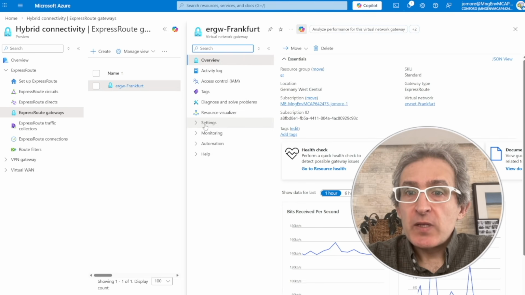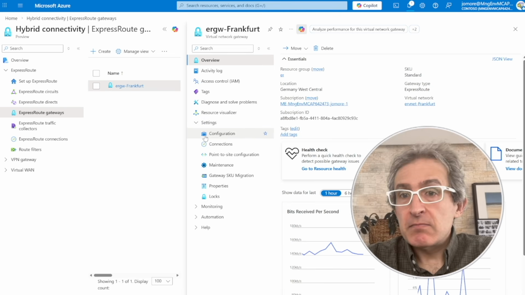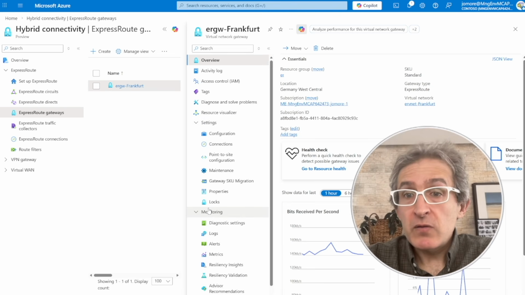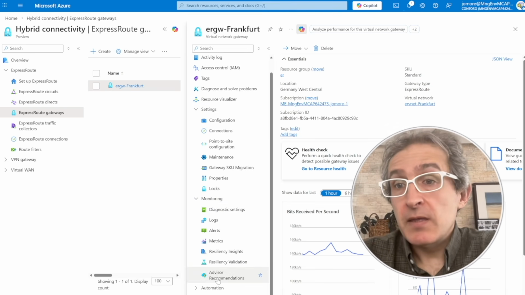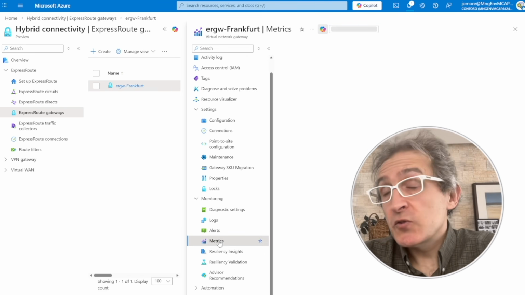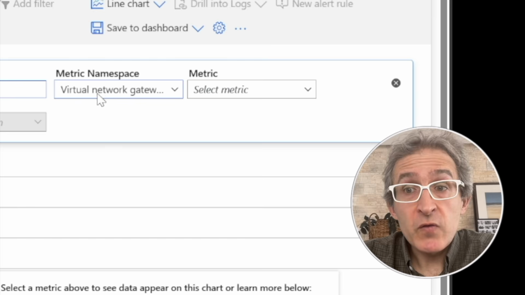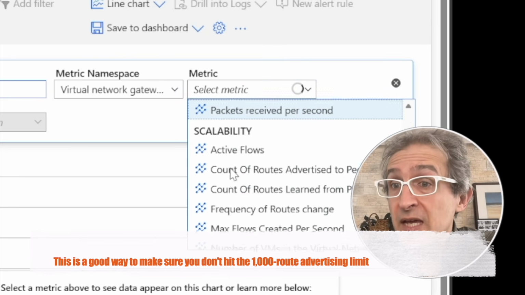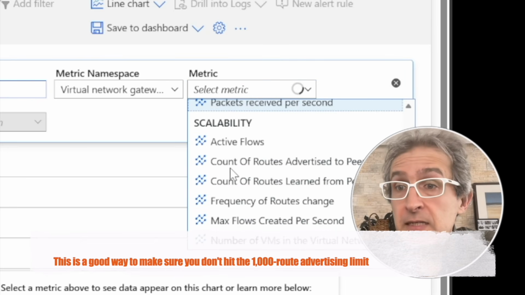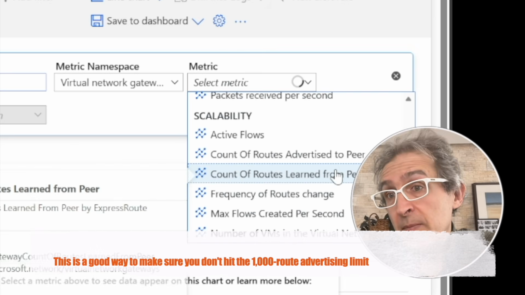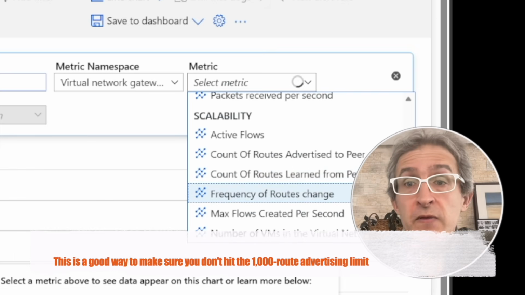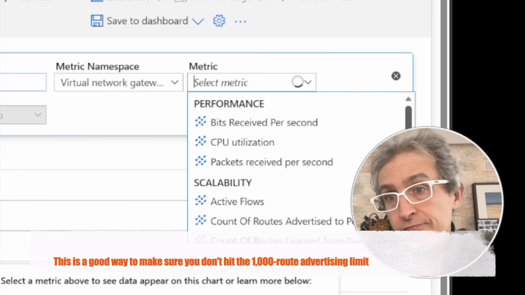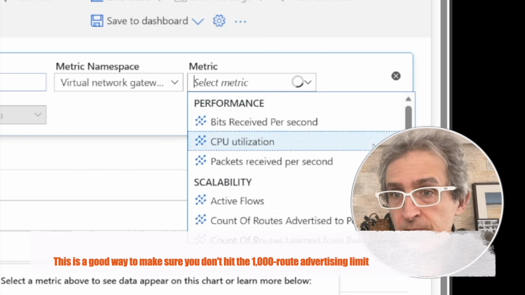Now, if we go to the gateway, there are some metrics you can monitor. It's interesting as well. You saw the recommended metrics for the circuit. It's interesting as well having a look at the metrics of the gateway, and potentially configuring some alerts to notify you if some of these metrics go in a place they shouldn't go.